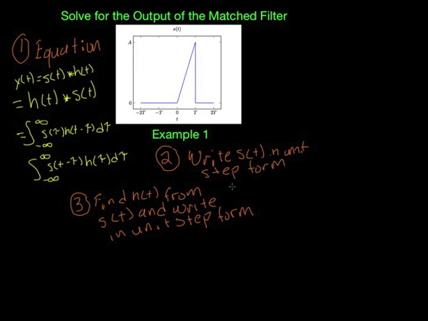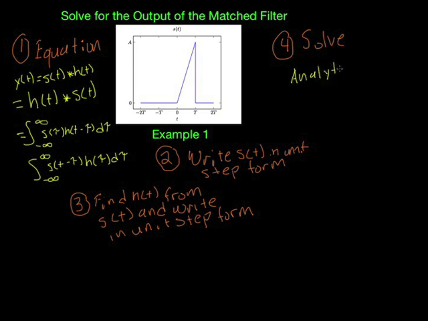And lastly, we are going to solve. There are 3 methods of solving for the output, and I'll write them down. The first method is the analytical method, almost like numerical analysis.